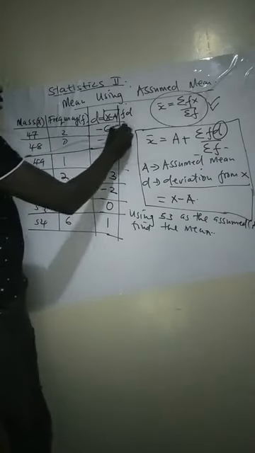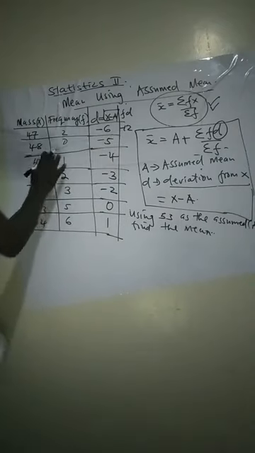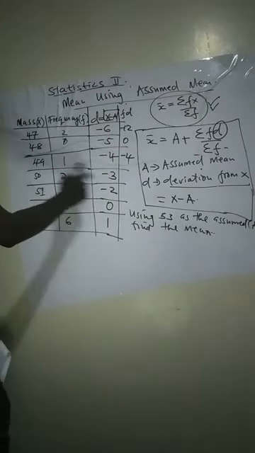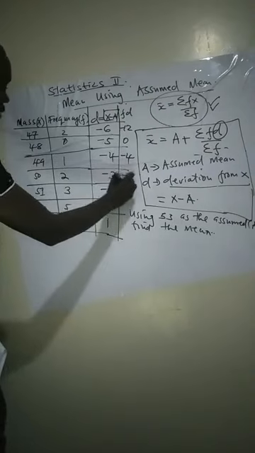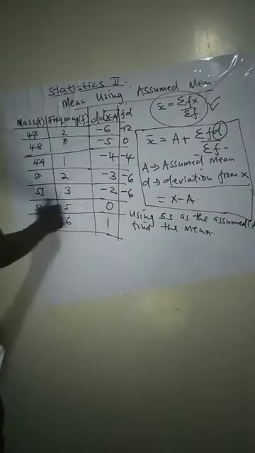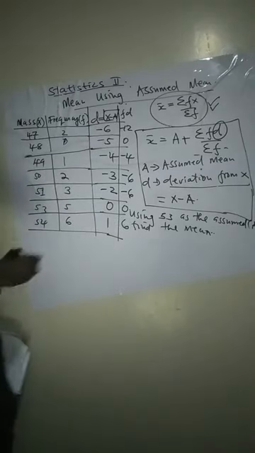You get negative 12. 0 times negative 5. Is it 0 really? Yes, the frequency here is 0. 0 times negative 5 is 0. 1 times negative 4 is negative 4. 2 times negative 3 is negative 6. 3 times negative 2 is negative 6. 5 times 0 is 0. 6 times 1 is 6.